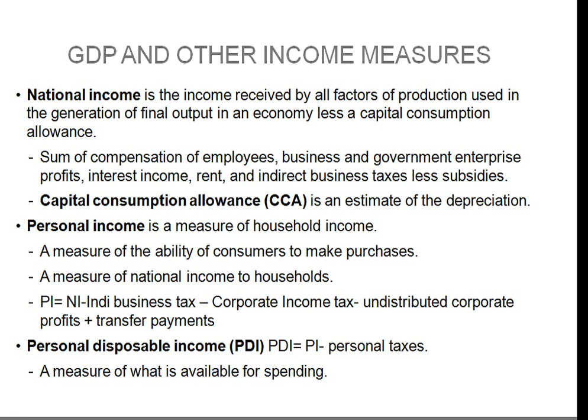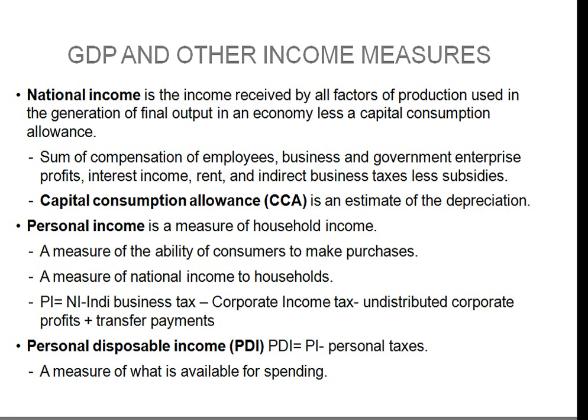GDP and other income measures: national income, personal income and disposable personal income. National income is the income received by all factors of production used in generating final output in an economy, less the capital consumption allowance.